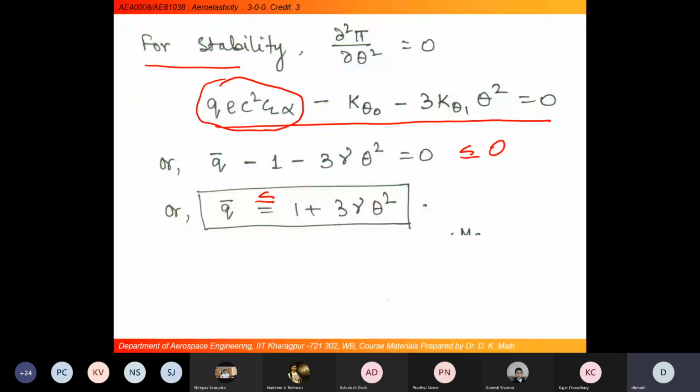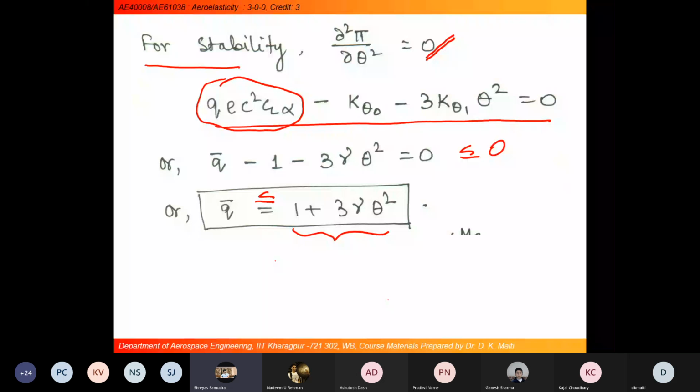And if it is less than or equal to 0, then in this case it should be a minima.